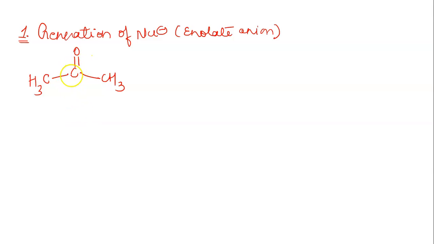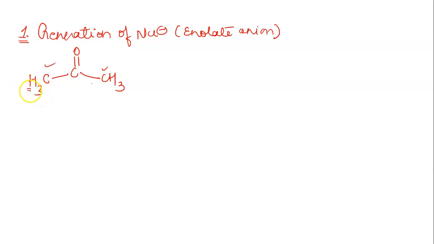Now look at the structure of acetone. So this is carbonyl and there are 2 adjacent carbons. Now these carbons are attached to carbonyl. We all know that carbonyl is an electronegative group. It will exert a minus I effect. So this carbonyl is going to pull the electron density away from the adjacent carbons, because of which these adjacent carbons will become electron deficient, and by the same effect the hydrogens attached to them will also become electron deficient.